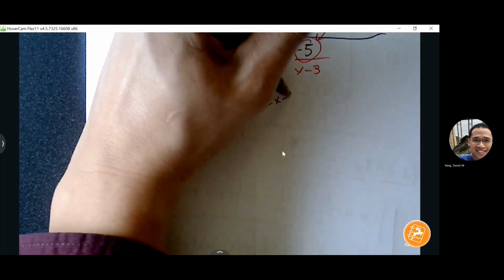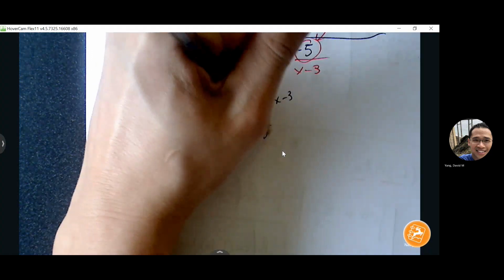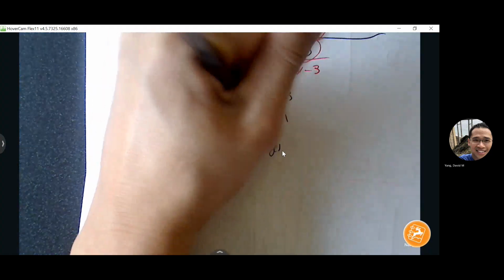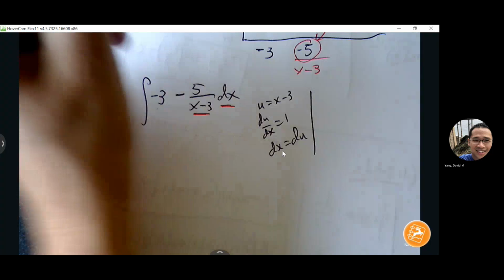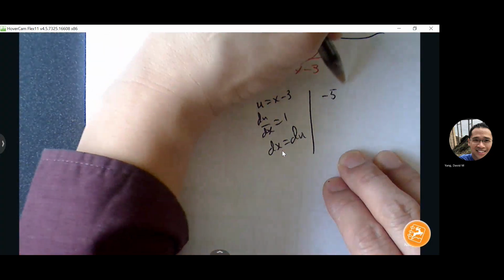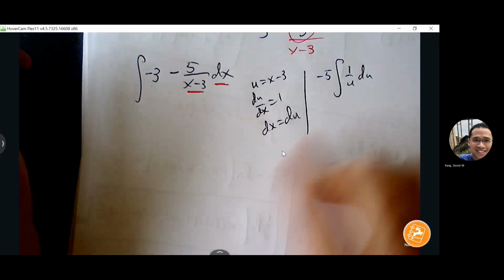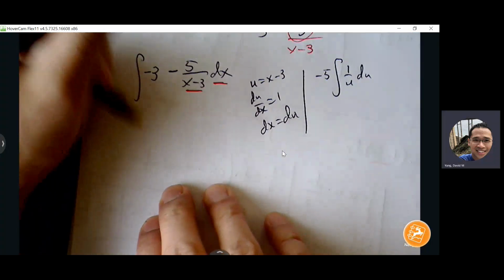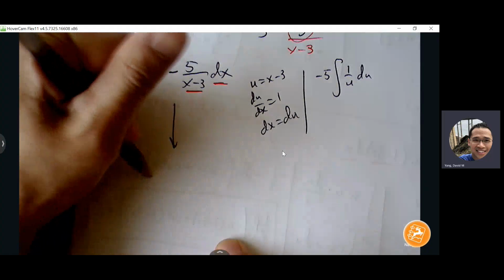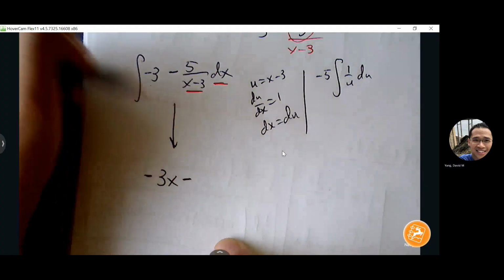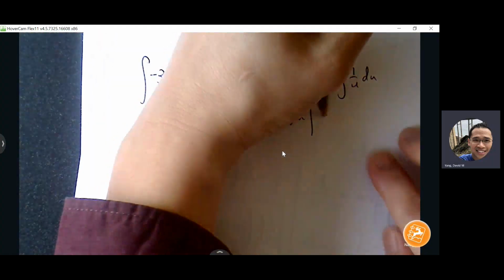Okay, so -3 becomes -3x. -5 natural log of u.